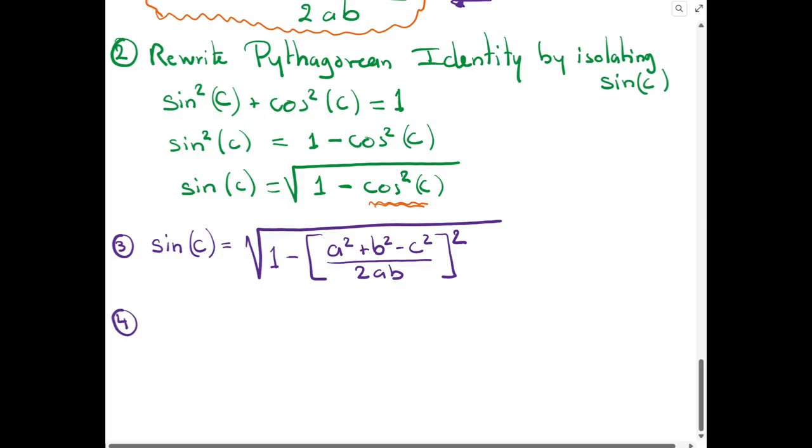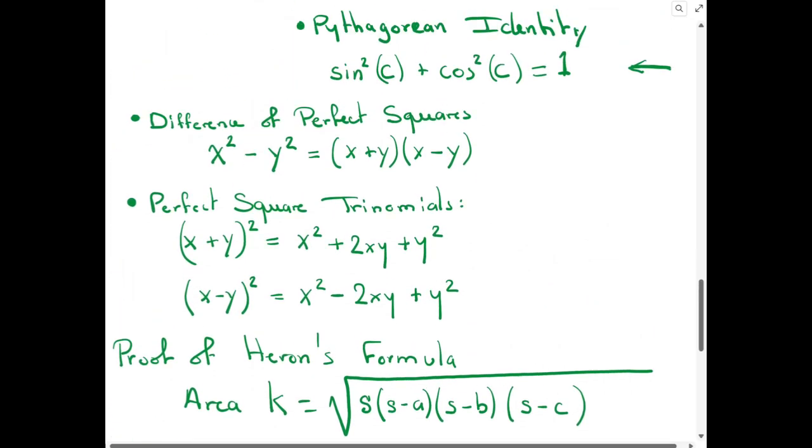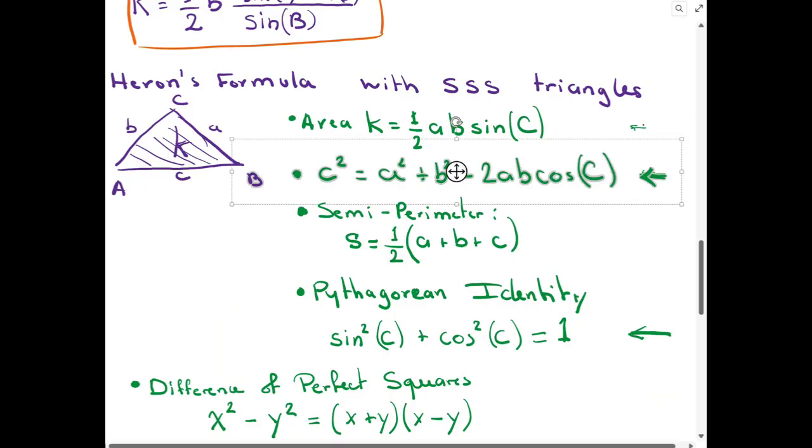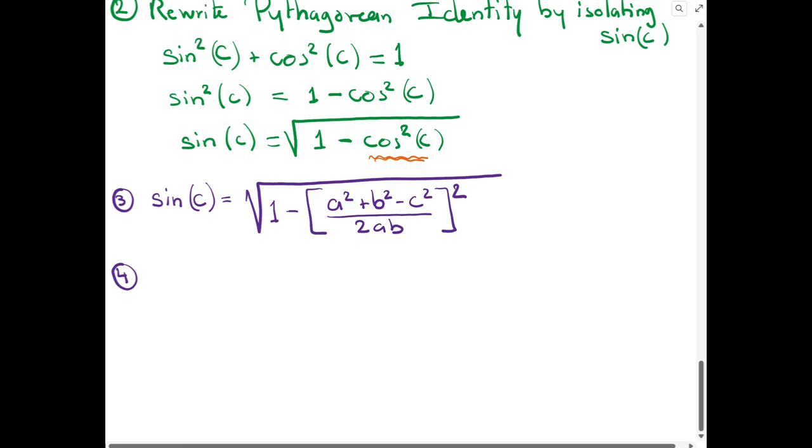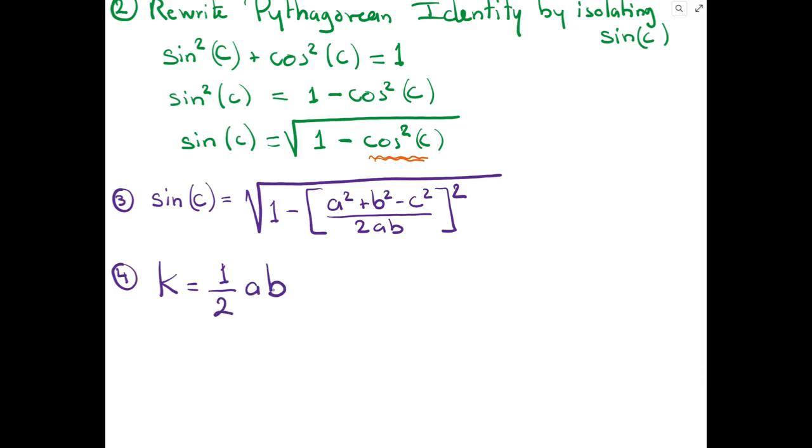Now on number 4, I'm going to substitute that sine C in the area. So I'm going to take this expression I just came up with and substitute it in the area formula of a triangle right there. So the area K is equal to 1/2 a times b times sine of C, but I'm going to replace my sine of C by that.